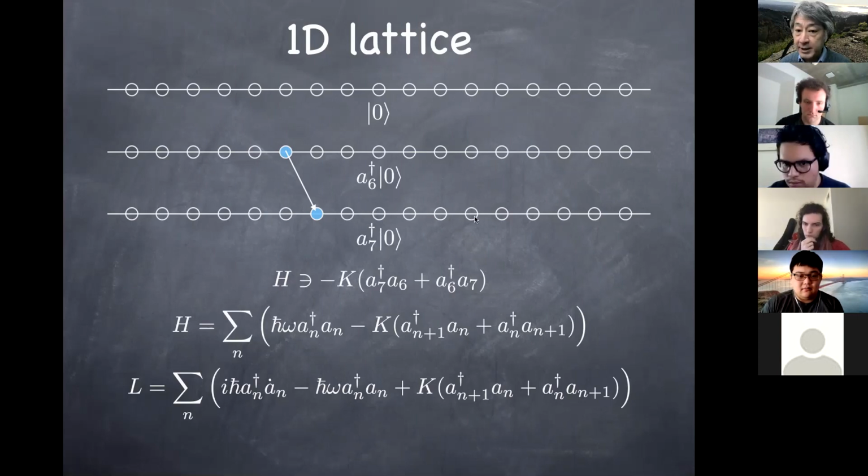This n refers to a site. So in this term, you annihilate a particle at site n and create a particle at site n+1, so it moves to the right. And this is a term that annihilates the particle at site n+1 and creates a particle at site n, so the particle moves to the left. So in each of these terms, the total number of particles is conserved.